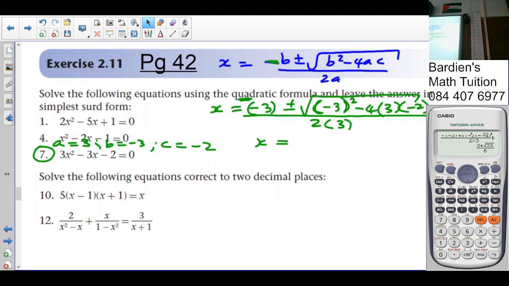So x is equal to 3 plus minus the square root of 33 over 6. If I had to replace that plus with a minus, you see that's evident. Okay. People, you guys understand? If the question was to write it in 2 decimal places, the answer would have been negative 0.46, and if it was plus, it would have been 1.46.